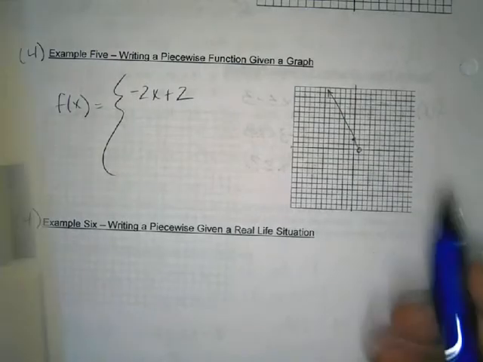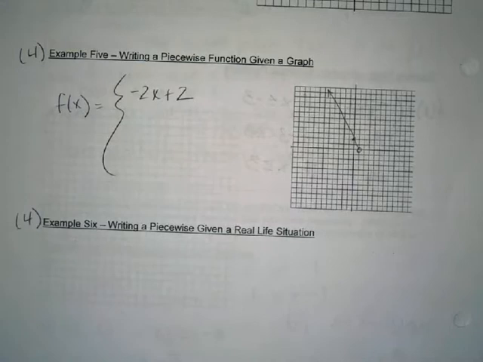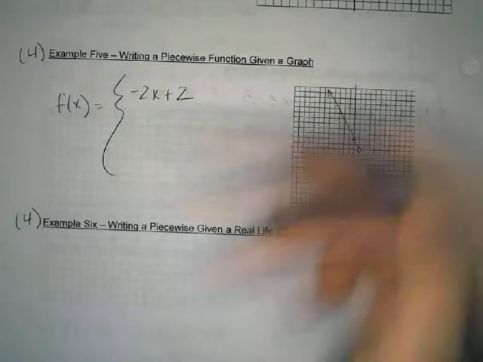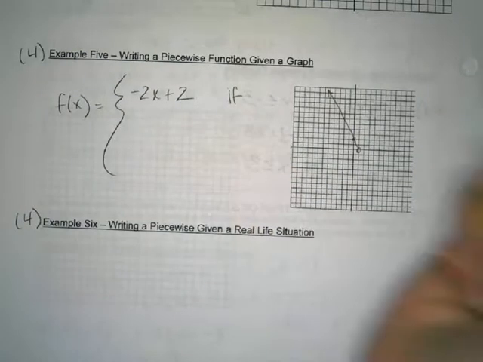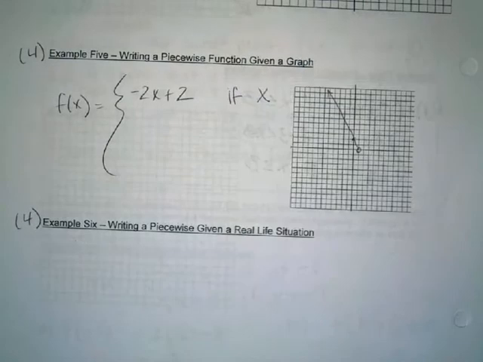Alright, now based on this graph that we have, because we only have the one piece drawn in, I have to give this chunk a cutoff point. What's going to be the cutoff point for this line? The x value is 1. Good. So I would write that as a little domain statement, that this piece of the line exists if x is what to 1?